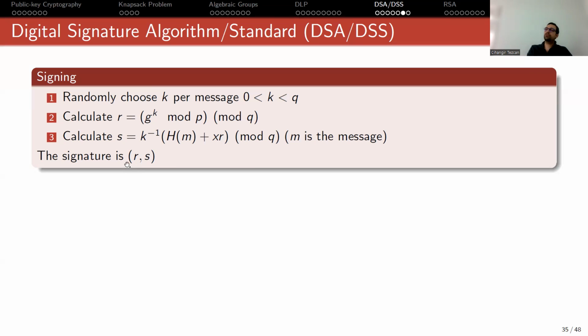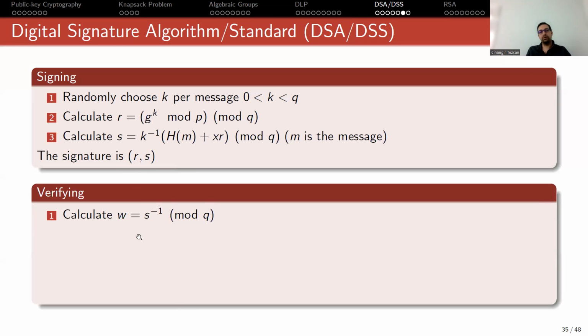And now everybody has to verify your message to check if you really signed it. What they do is as follows. Since this is your signature R and S, they calculate S inverse, obtaining W. They calculate the hash of your message. Again, the message is not secret, so this is not an encryption algorithm. The message is publicly available to everybody. So as the verifier, you calculate the hash of the message, multiply it with W, which you just calculated here, and obtain U1.